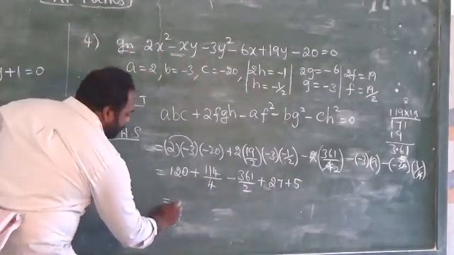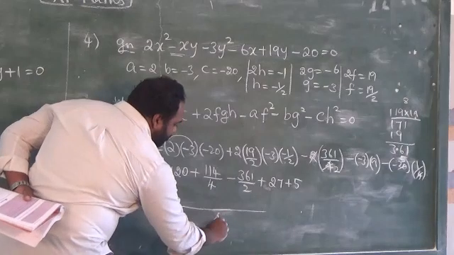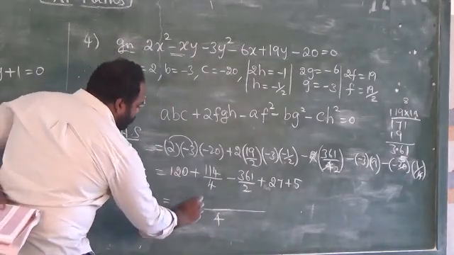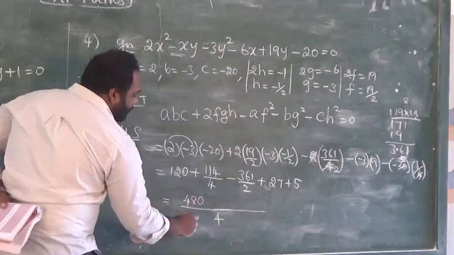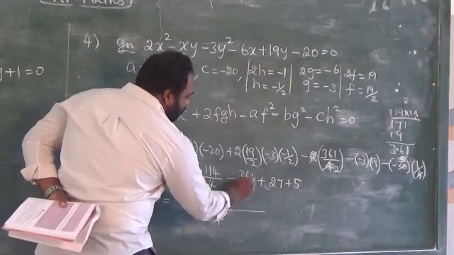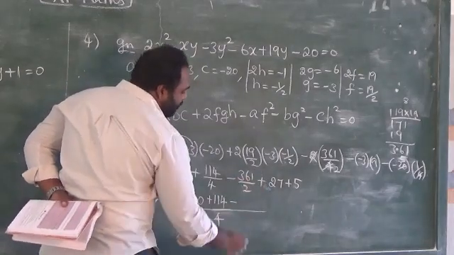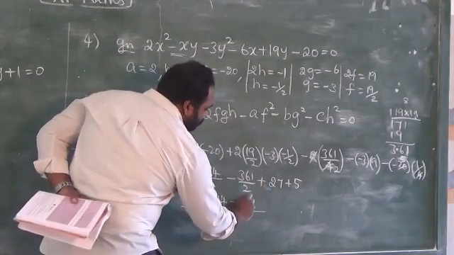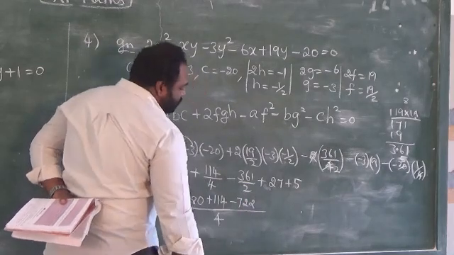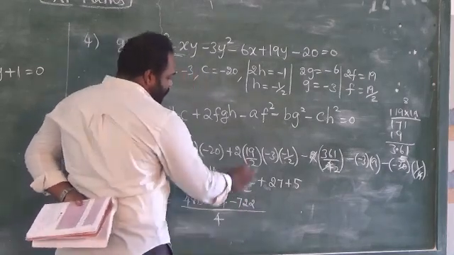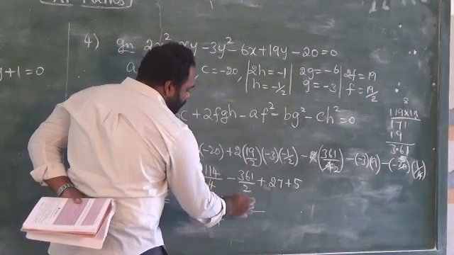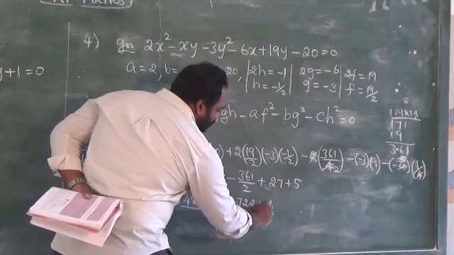Your common denominator is 4. Here 480 plus 114. Here we have to multiply by 2, 722.